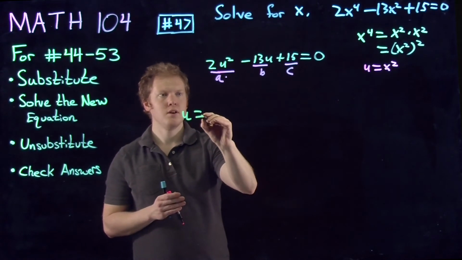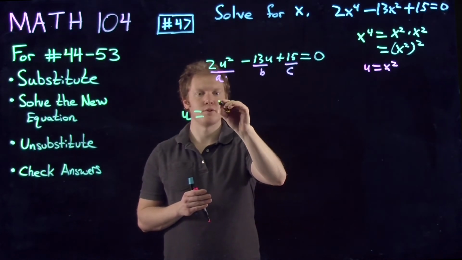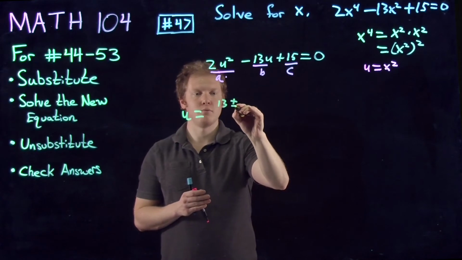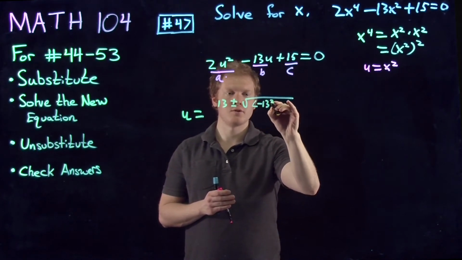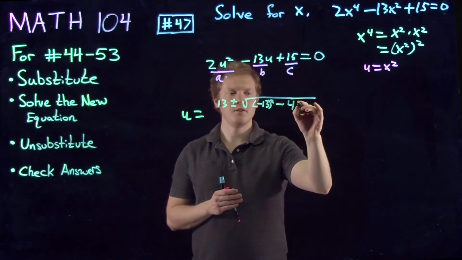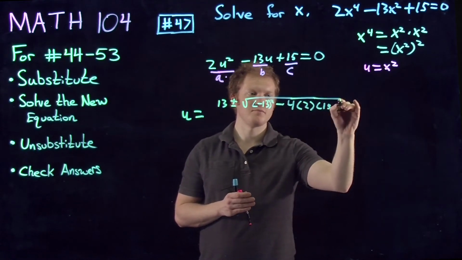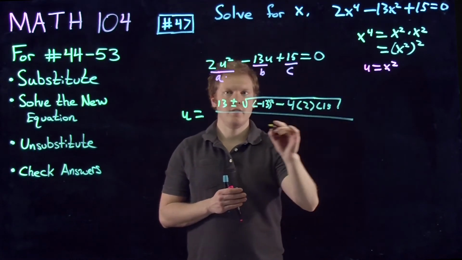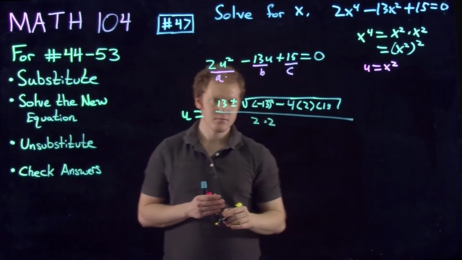Okay, u equals negative b, which is 13, plus or minus the square root of b squared, so that's negative 13 squared, minus 4 times a times c, which is 4 times 2 times 15, and that is, of course, all over 2 times a, which is 2 times 2.